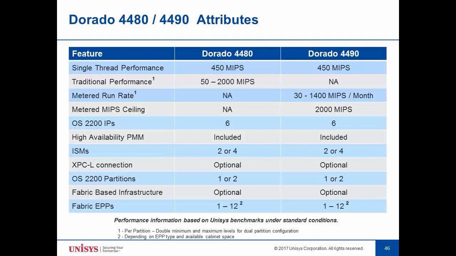Traditional performance for the 4480 goes up to 2,000 MIPS per partition, where the metered run rate can be contracted up to 1,400 MIPS per partition, and that would then have a 2,000 MIPS ceiling. The 4480 and 4490 have 6 OS 2200 IPs, and as I said, include the HAPMM, 2 or 4 ISMs, and all the capabilities that are listed here.